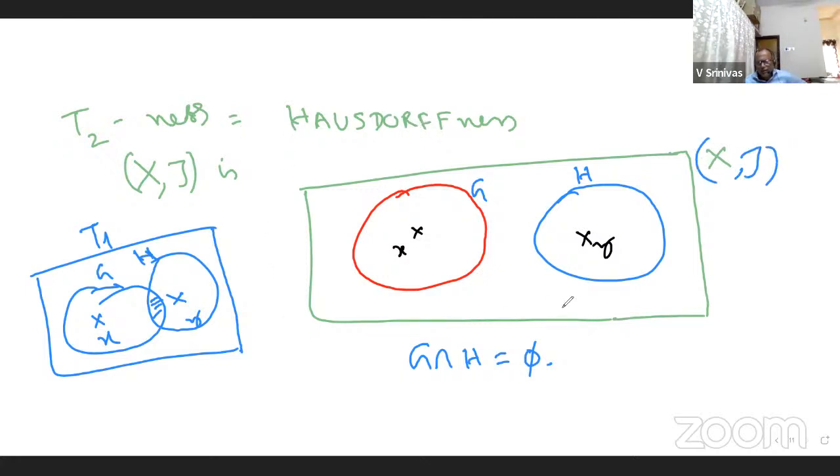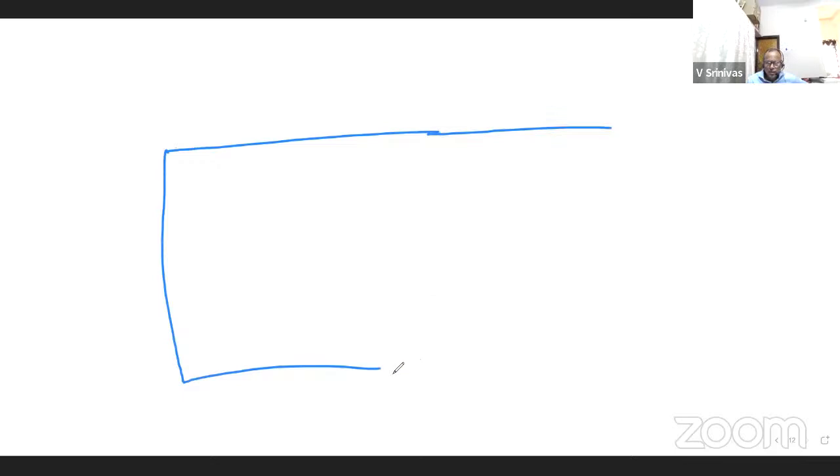We can show that each metric space is T2. In the other class, I was talking about this.